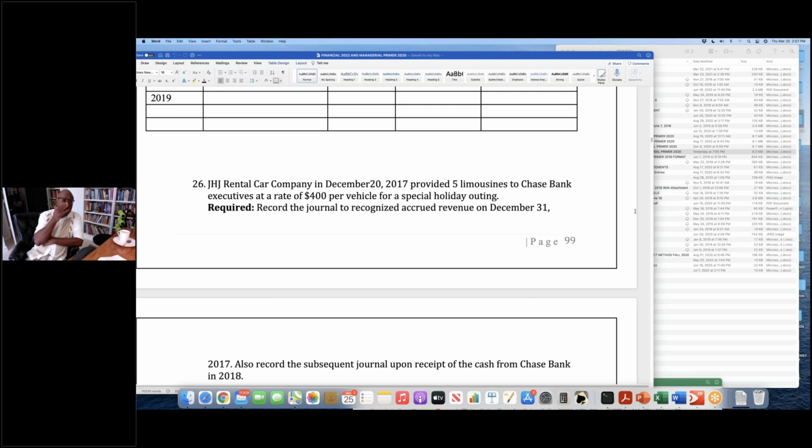So JSJ rental car is happy. They provided 5 limousines to Chase Bank at $400 each. So what entry are they going to make? Wouldn't it be type 15? Yep.